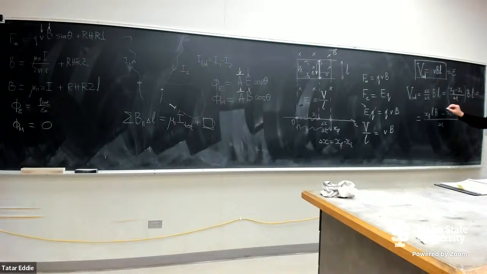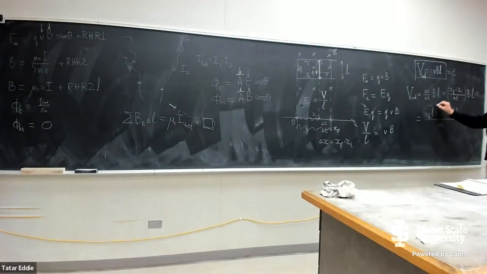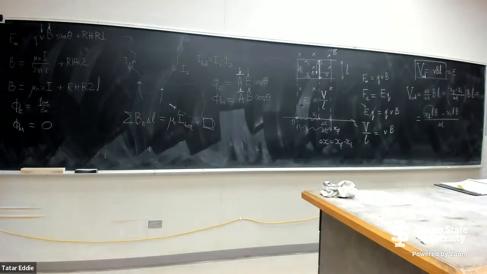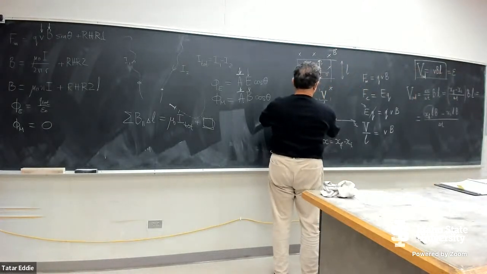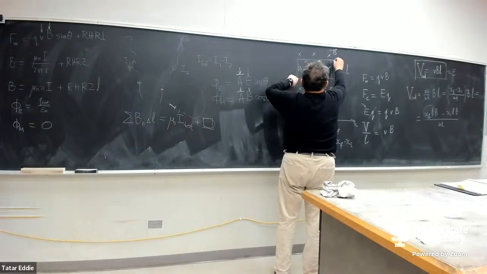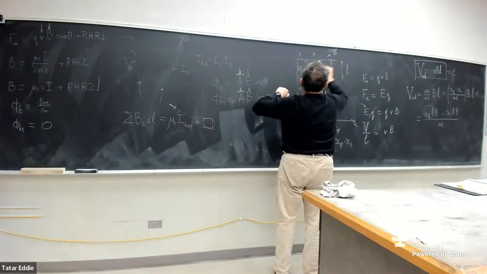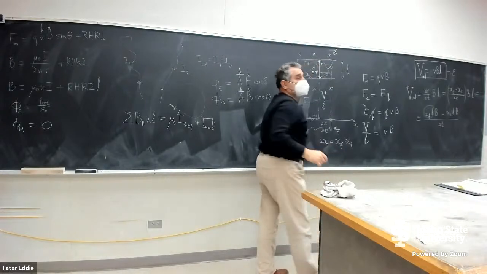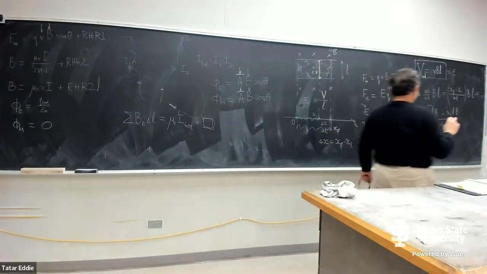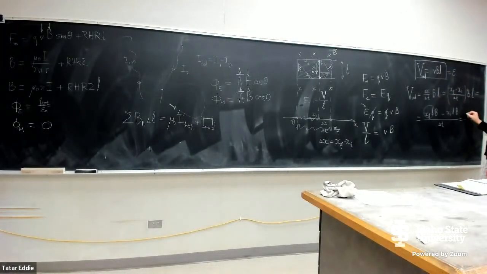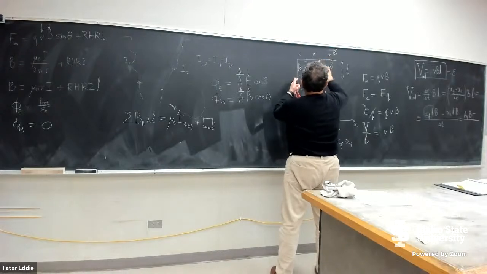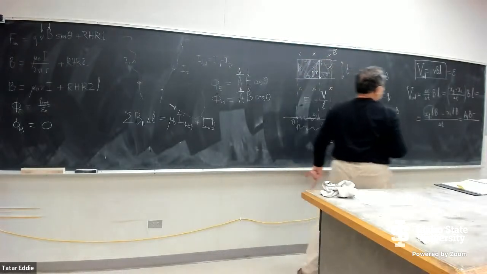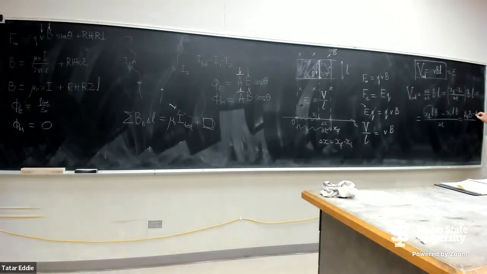The product of x final times the length of the moving piece of wire gives you this final area of the rectangle. I will call it area final, so this is area final times magnetic field. Similarly, x initial multiplied by L gives you this area, which I will call area initial, A initial.